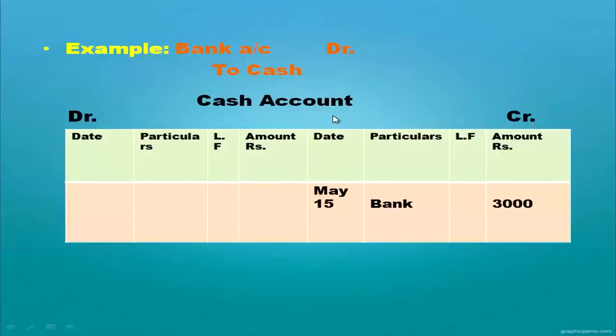So, when you think about the cash account, how you have to post it, this is not a part of the cash book, but I am telling you just to make you aware why I am writing the amount in the cash column when I am writing by bank. Just check this.